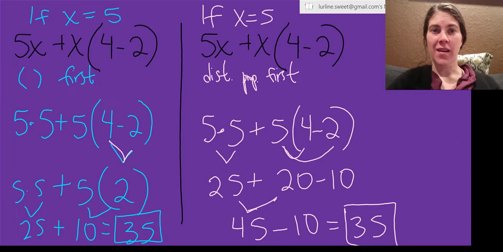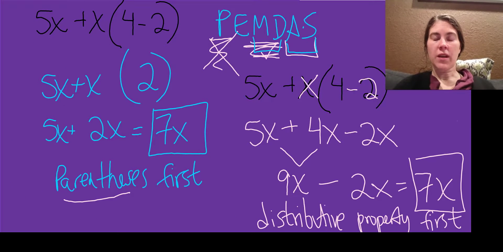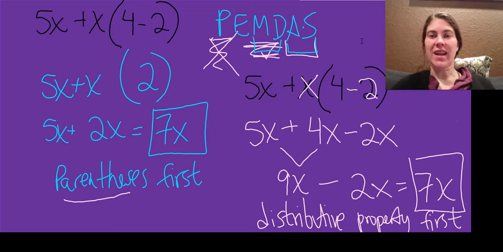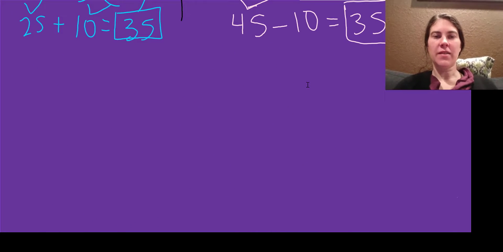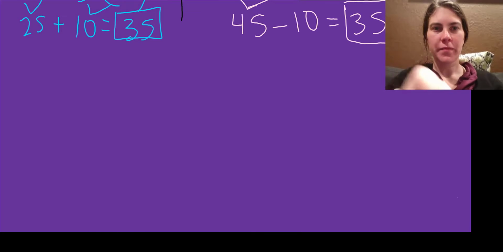Now I want to compare that answer, 35, to my simplified answer if x is still 5. Do you remember when we originally solved this, we got 7x? 7x was our simplified answer. And when we plugged everything in, we got 35.